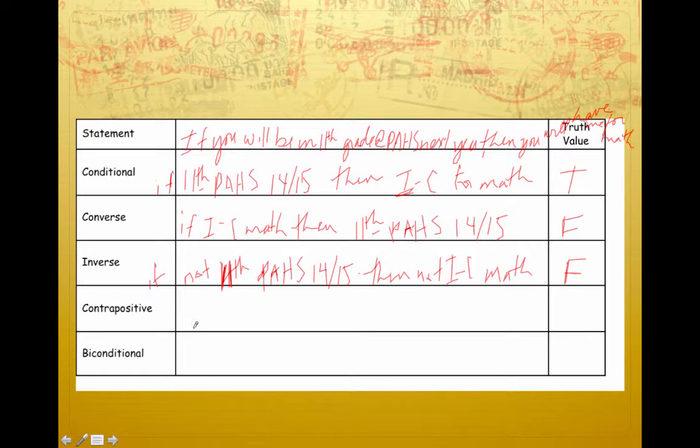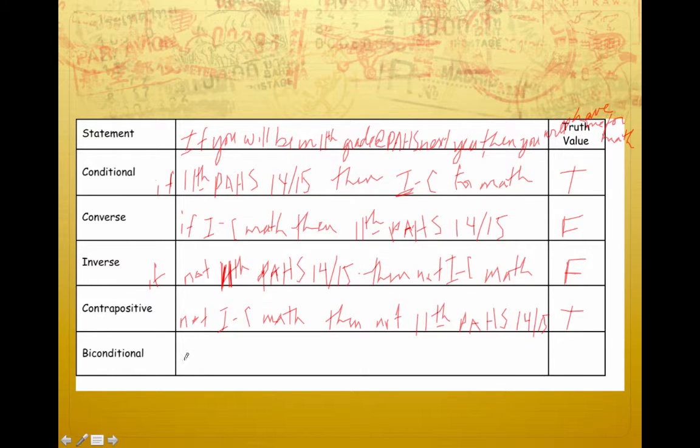The contrapositive says if you will not have me for math, so sad, never ever, then you're not in 11th grade at PAHS next year. Well, that's true. If you're never going to have me, then you're not going to have me next year, so you're not going to be in 11th grade there next year. So this one is true.